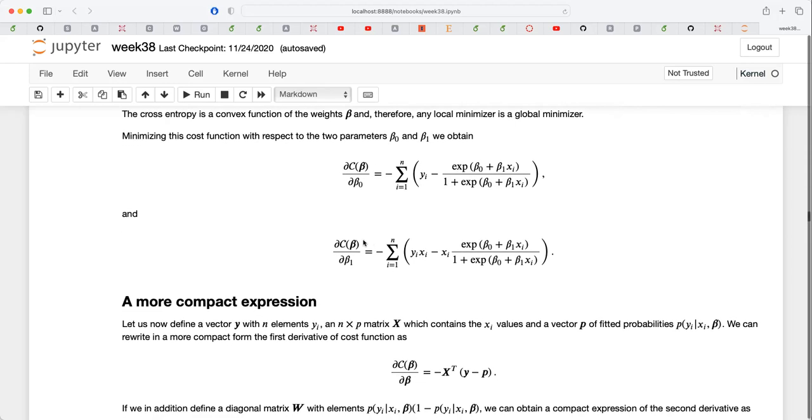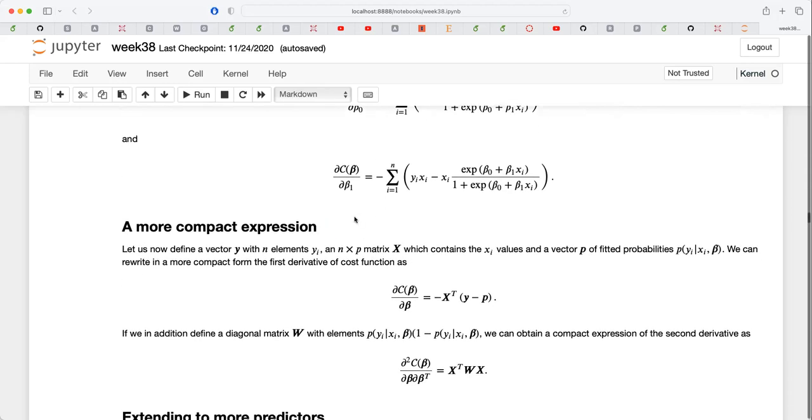Now, the problem which we face when we take the derivatives is that these parameters p don't have a linear dependence on the unknown parameters beta. And then we are not able to extract a nice analytical expression for the estimators beta, as we did with linear regression.